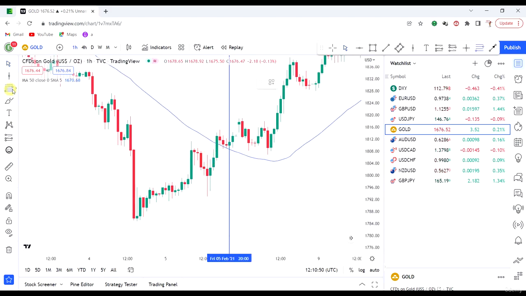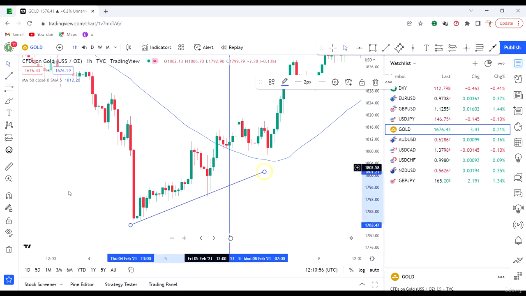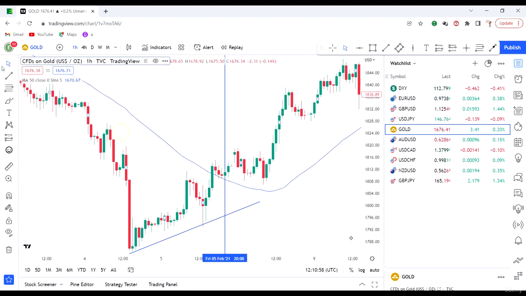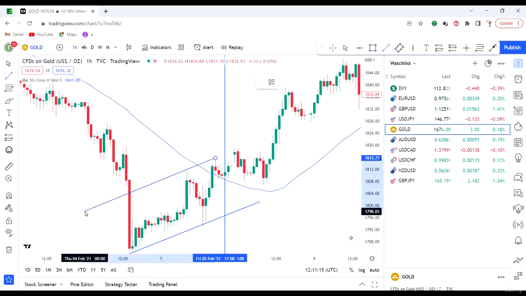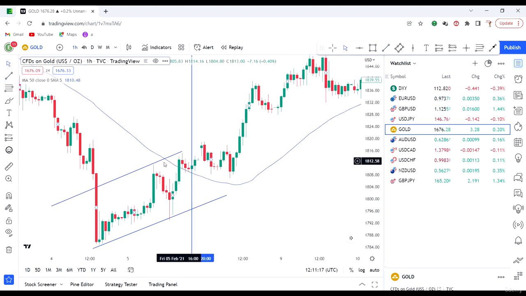The only price pattern I can identify here is maybe this, kind of a channel. Remember we can now see what's happening here. We came here and we saw this candle form, so we could maybe see a channel is trying to form here.